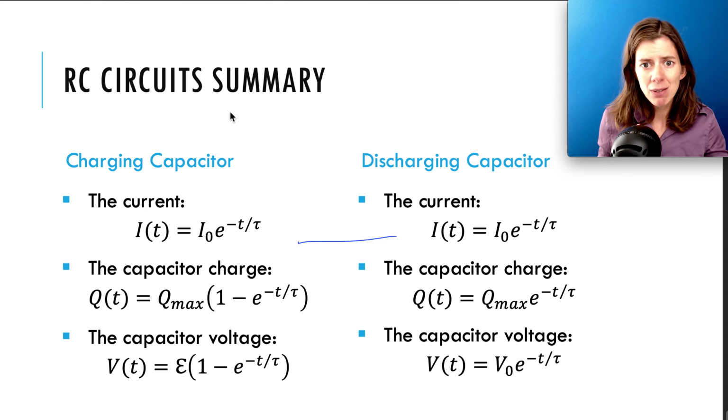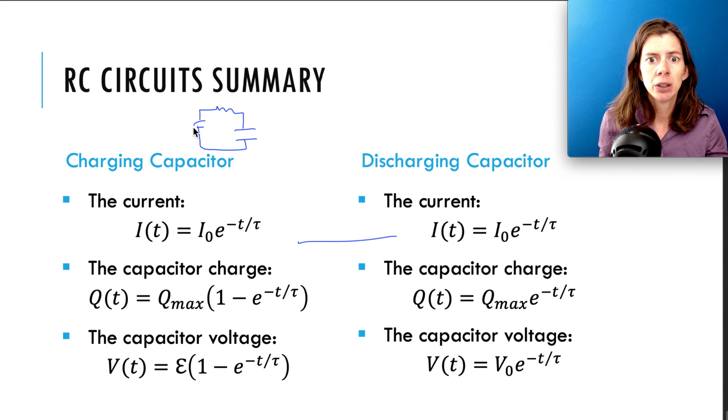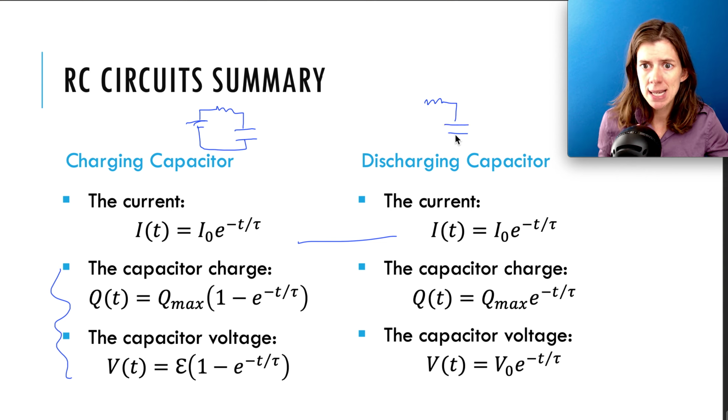If you have a circuit with a battery, a resistor and a capacitor, then you're charging that capacitor and you use these equations if it asks about charge and voltage. If you have a circuit where you just have the resistor and the capacitor, then the capacitor is going to discharge through that resistor, and you use the following equations.